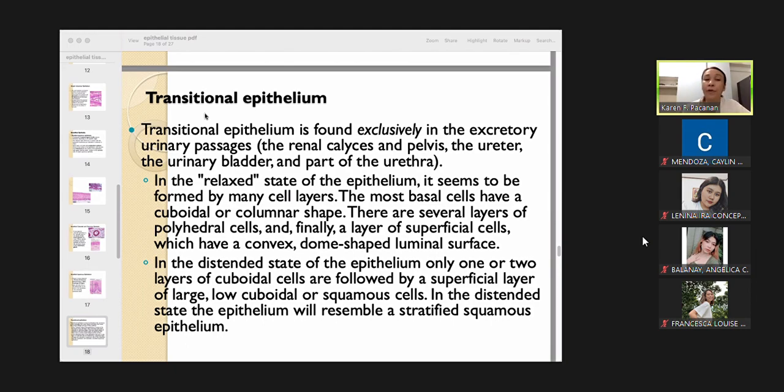So that's the importance. This is said to be transitional because it is intermediate between stratified squamous and stratified cuboidal. In the relaxed state of the organ, it would resemble stratified cuboidal, the one we saw yesterday in the picture. While in the distended state, it would resemble stratified squamous.